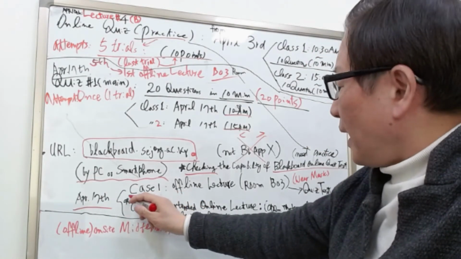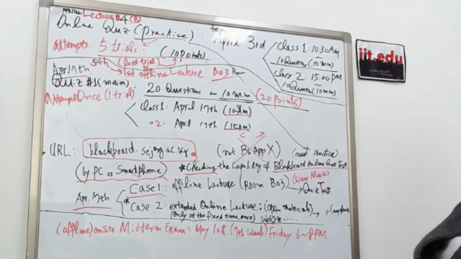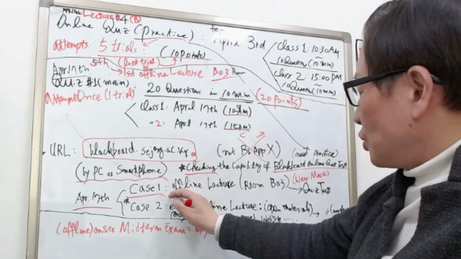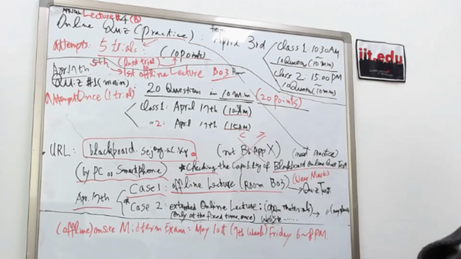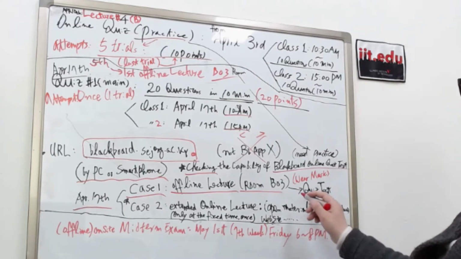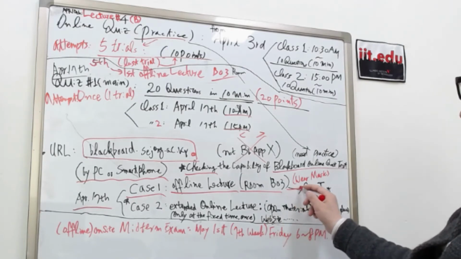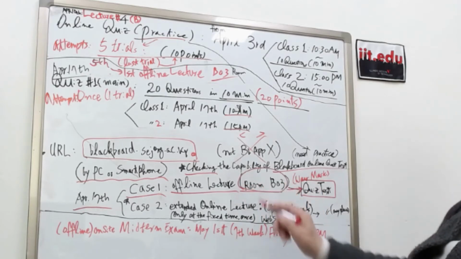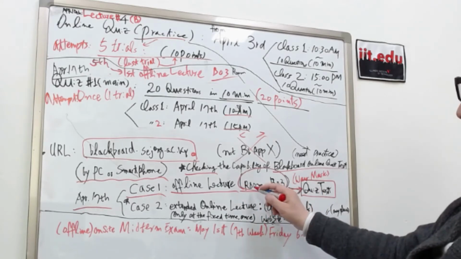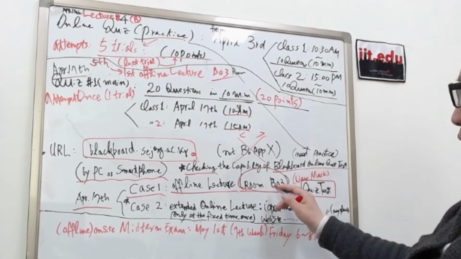We can consider two cases. Because of the pandemic situation, that condition may be changed. Case 1: if we can use this room, that means offline lecture, then we will take the main quiz test in this room, our scheduled room, B03.